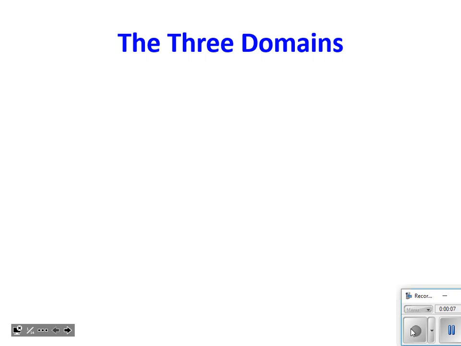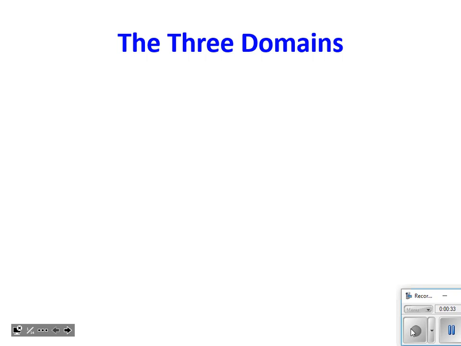Braun. Today we are going to talk about the three domains of life. So we're going to continue our discussion about classifications. Okay, we've been dealing with some dichotomous keys. And today what we're going to talk about is the domains.